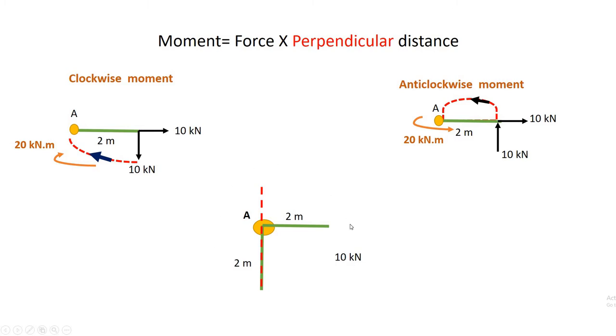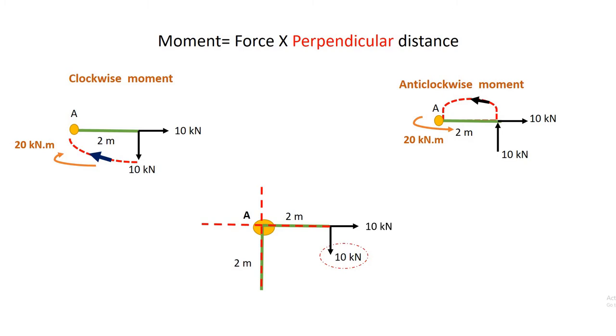Now consider this figure. Do we have any moment of this force about A point? No, because the line of action of this force is passing through A point only. So we don't have any moment of this 10 kilonewton about A point. Now moment of this other 10 kilonewton, yes, it is there.